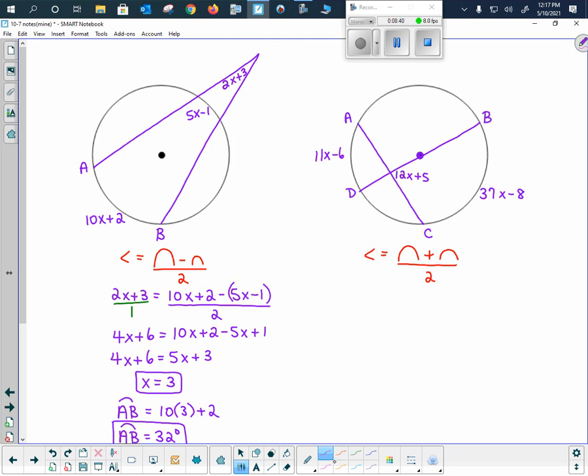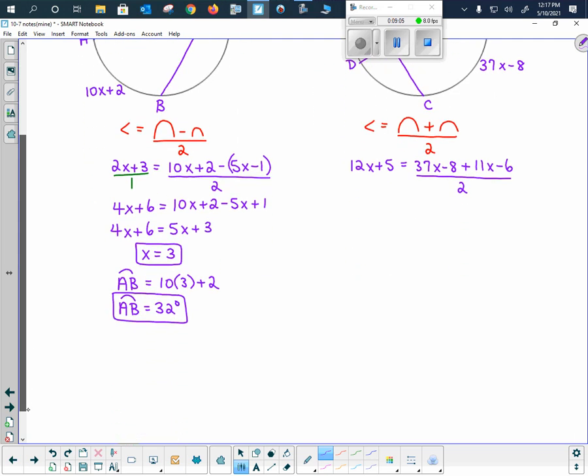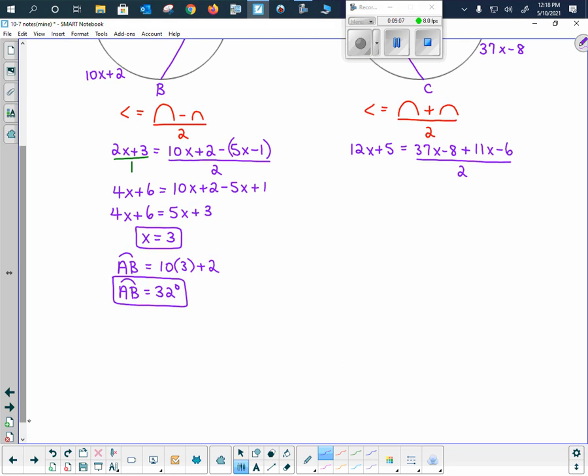So again, filling in underneath, the angle is the 12x plus 5. One arc is the 37x minus 8, and we're adding it to 11x minus 6, all over 2. Notice I don't have to have parentheses this time because I'm adding the 2 arcs together, right?